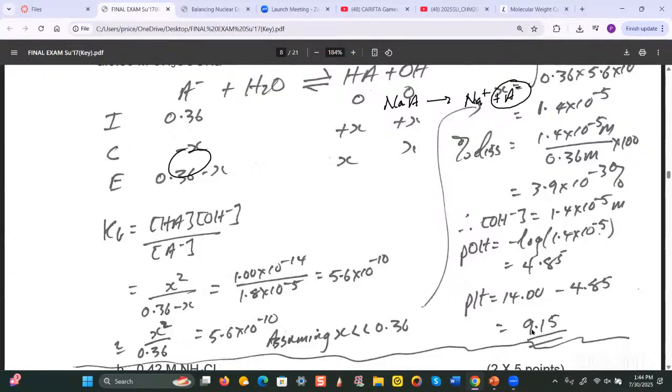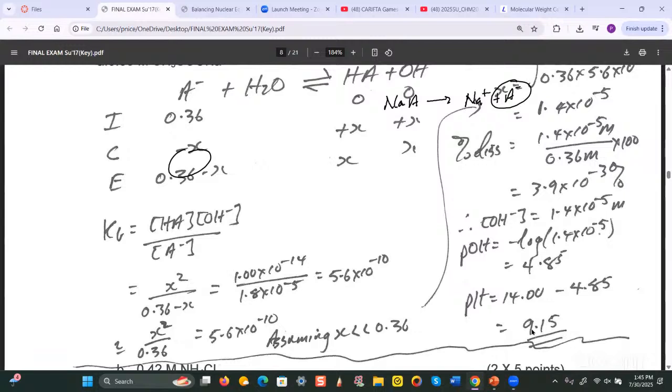And I don't remember if I said this in class, but I do remember saying it to at least one person. When you're doing these questions, don't just go through the steps blindly, because, for example, in this question, before I even start the calculation, I can tell that the pH is going to be greater than 7, right?